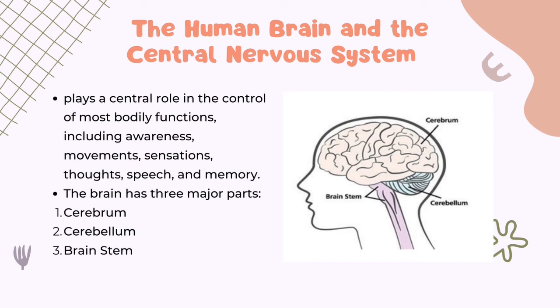Okay, so again, we have the human brain in here. Always remember that the human brain is the command center for the human nervous system. All of the processes carried out by the nervous system are because of the brain. The brain is responsible for controlling the whole nervous system, both the central nervous system as well as the peripheral nervous system.